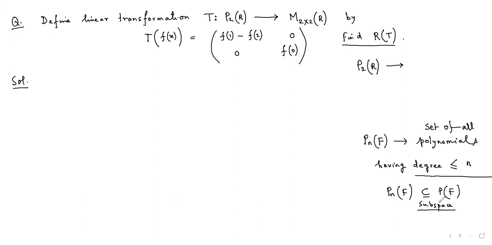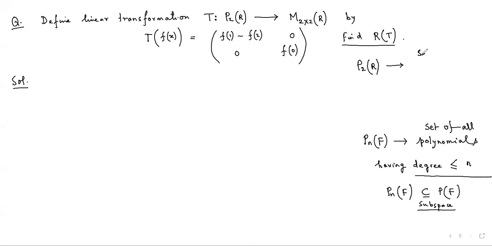If you say P2R is the polynomials of degree 2, that means polynomials like x square plus 1 will be present, but it doesn't mean that x plus 1 will be present. If somebody asks whether x plus 1 is present in P2R, you will say no. But if you say polynomials of degree less than or equal to 2, then polynomials having degree 0, 1, 2, everything will be present in P2R. The two statements are totally different from one another.